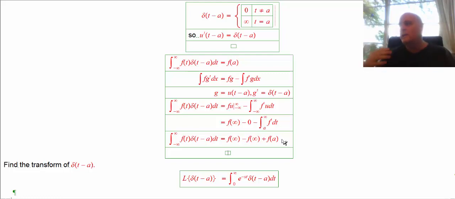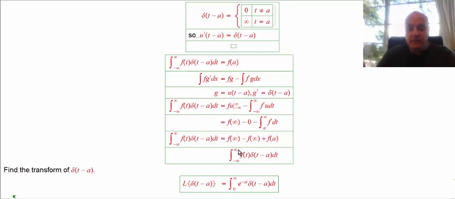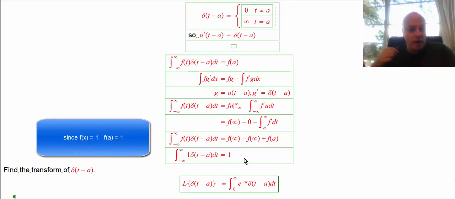You could say, width times height for the rectangle, and the height is infinity, so the area must be infinity. But we can use the argument that we just derived and make the f function 1, and now we know that this should be the function evaluated at a, so we end up proving that the area underneath that infinite spike is equal to 1.